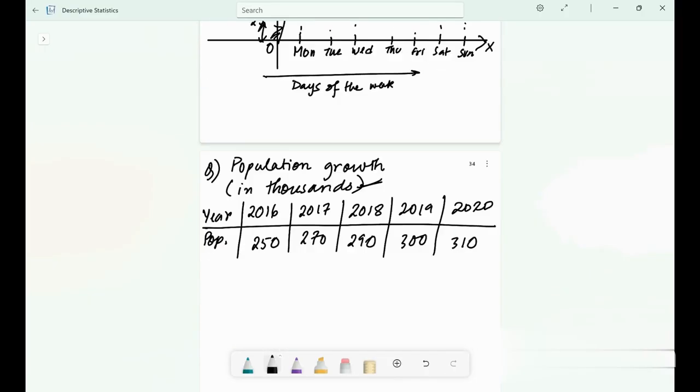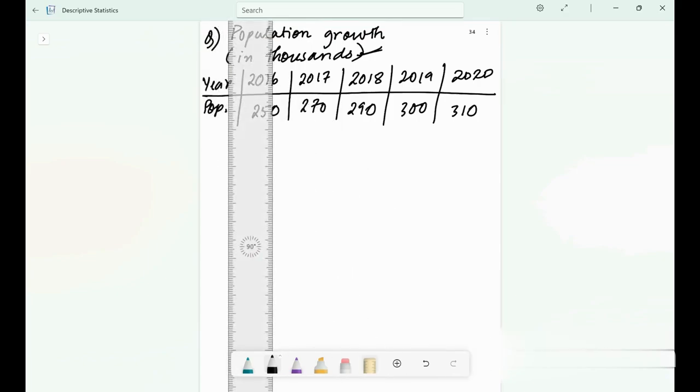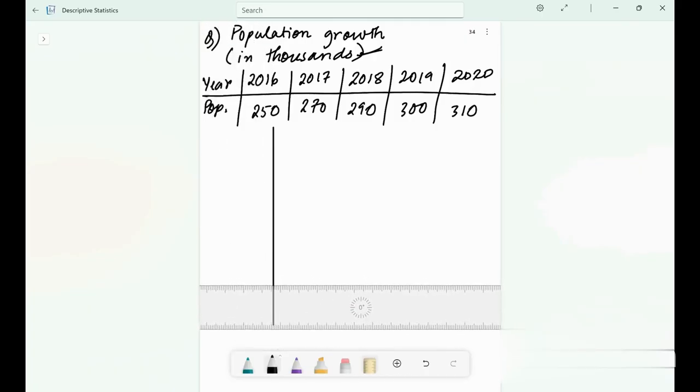So yeah. Anyway, coming to the next question here. Now again the scale. This is the y-axis. This is the x-axis, as you already know. Now here, how will you plot it?